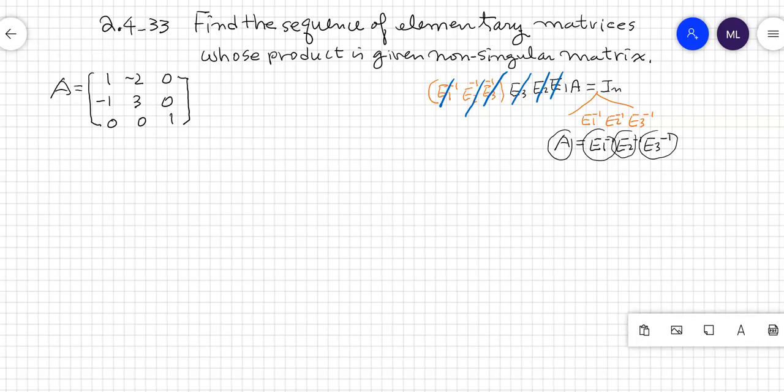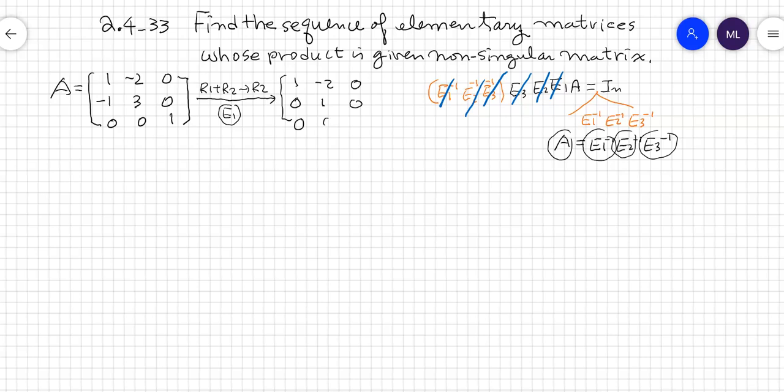So now let's start here. First I'm going to add R1 plus R2 goes to R2. So here, this is E1, okay? This is E1. Now, so it is 1, negative 2, 0, 0, 1, 0, 0, 0, 1.